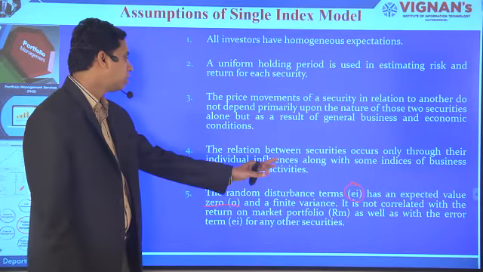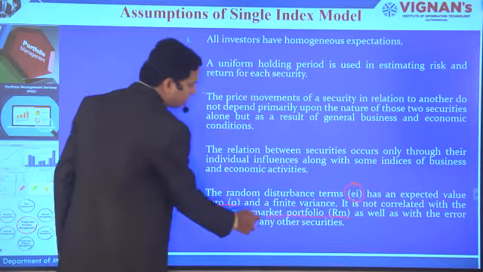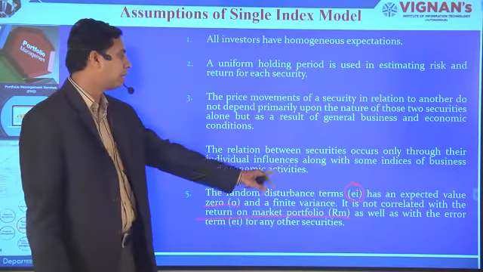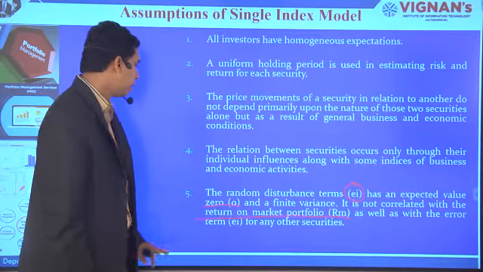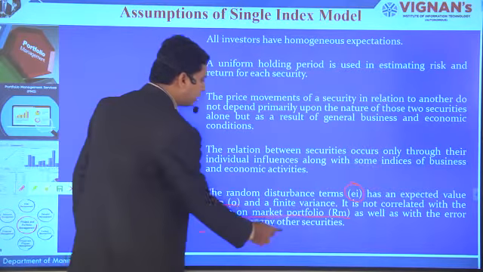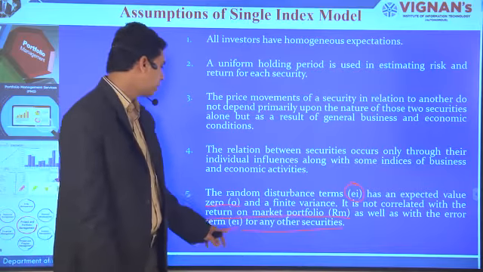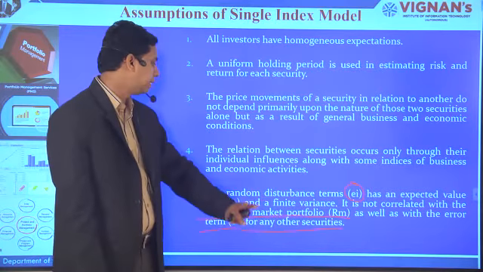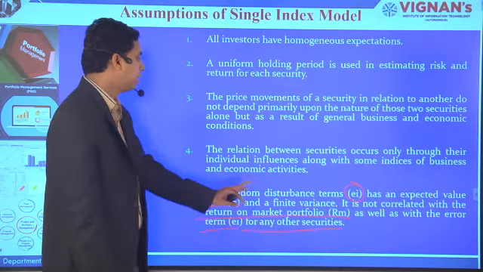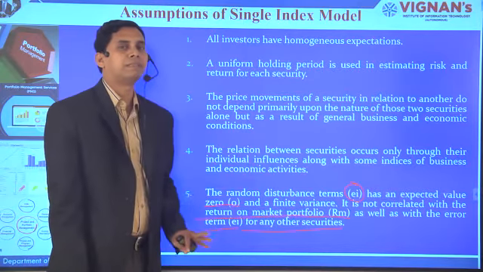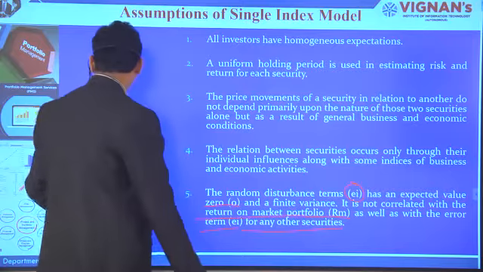It is not correlated with the return on the market portfolio, and there is no correlation between this error term ei and the market portfolio. Even this particular ei return is not related to any other security's return. Basically, this error term return can arise from any other factor. That is also considered in this Sharpe single index model.